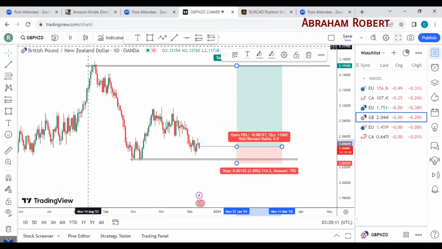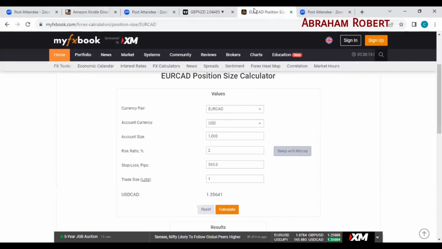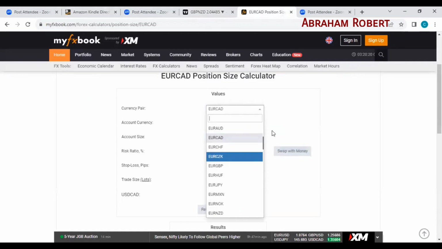Now, this is the pair we are trading. The other time we traded Euro. For you to get this right, in the first box you locate the pair you are trading.